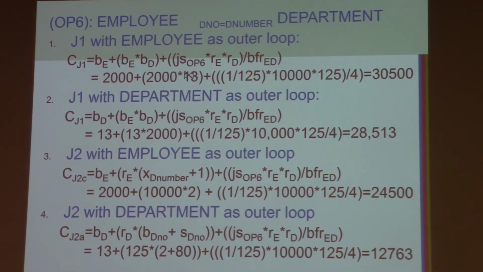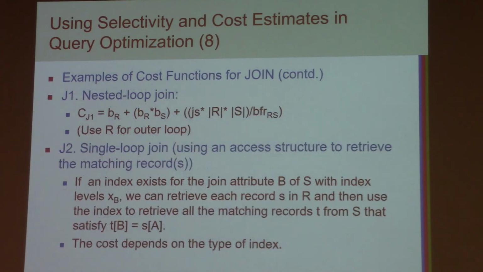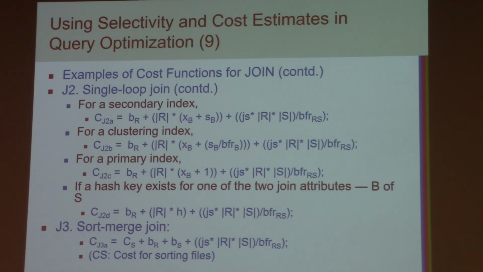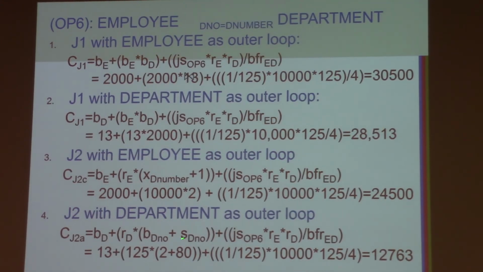The reason is that it was in the previous case here. So DNO level 2 is from here. So we are going to use this secondary index on DNO. Then the level is 2 and selectivity is 80. So the total is 82. If you calculate this one, 12,000.